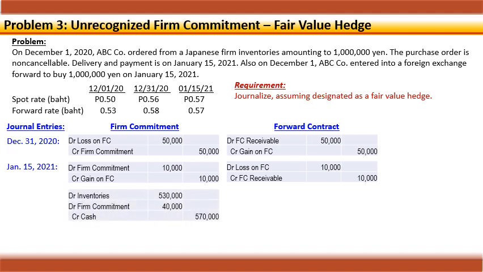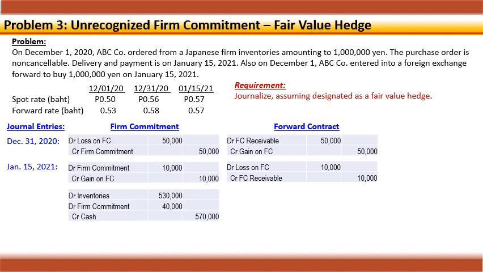And then, January 15, na-receive mo na din, diba? Na-receive saka binayaran mo na. Na-receive mo yung inventory at the same time binayaran mo siya. Magkano mo siya binayaran? At the spot rate, 0.57. Spot rate as of January 15, 2021. So, 0.57 times 1 million yen is 570,000. Credit cash. Debit inventory dun sa forward rate mo at the date na nag-order ka ng non-cancelable purchase order.